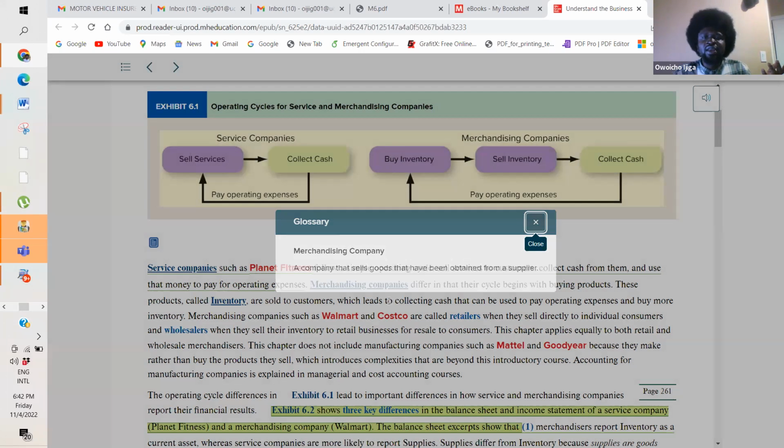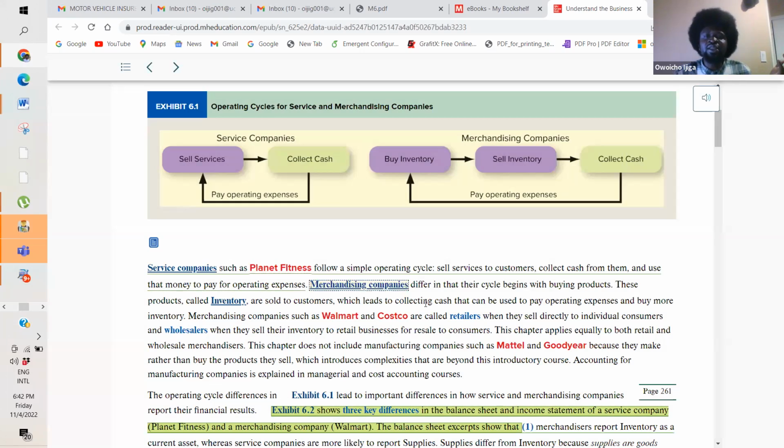It is mentioned here that the products that merchandising companies buy are called the inventory. So the inventories are sold to customers, which leads to collecting cash that can be used to pay operating expenses and even buy more inventories.